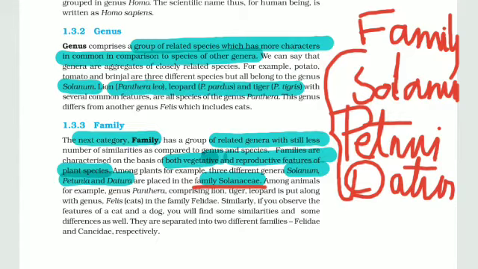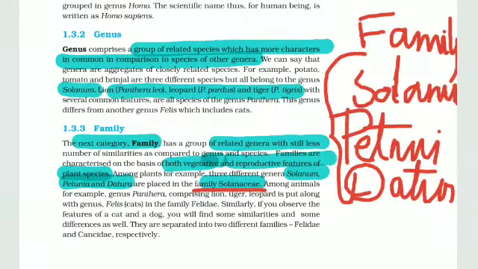If you take an example of animals also, they have given an example of animals also. The genus Panthera, which comprises lion, tiger, leopard, belongs to the cat family, that is Felis.